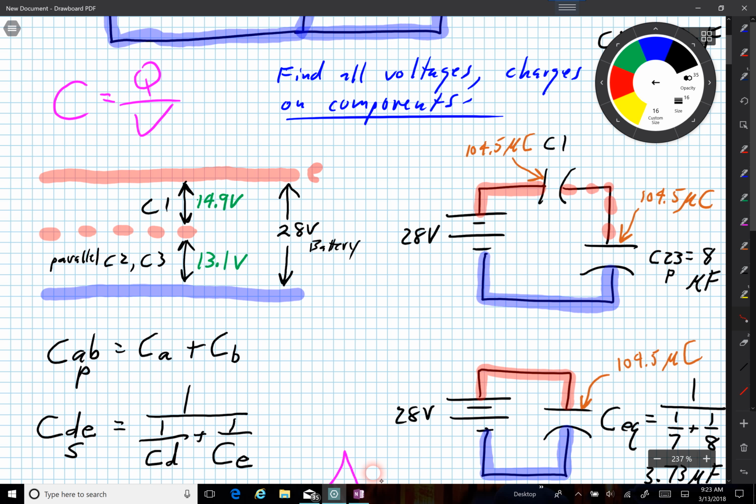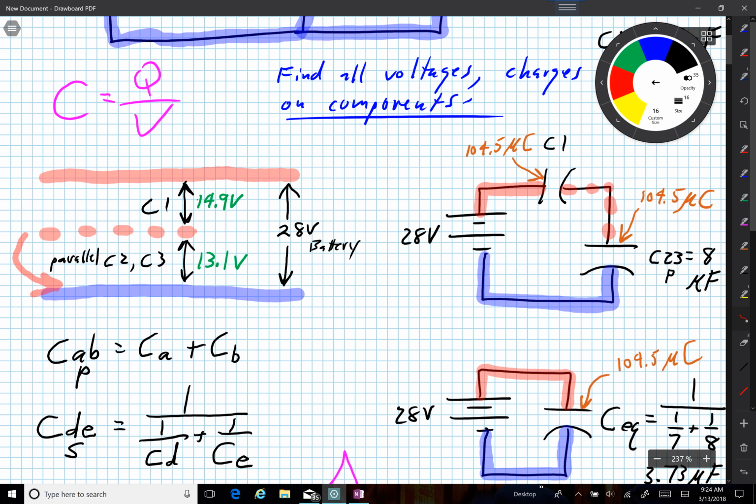Look, when I go from solid red to solid blue, it's 28 volts. In this diagram here, I go directly from solid red to solid blue, one jump. Okay, that's going across the battery. But over here, I go one jump to here and then another jump to here.